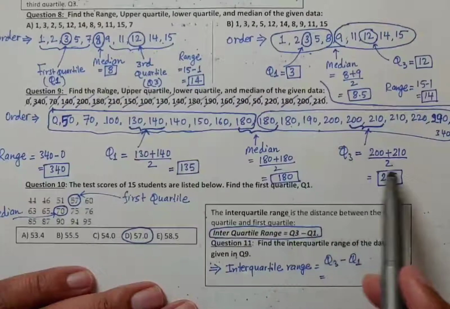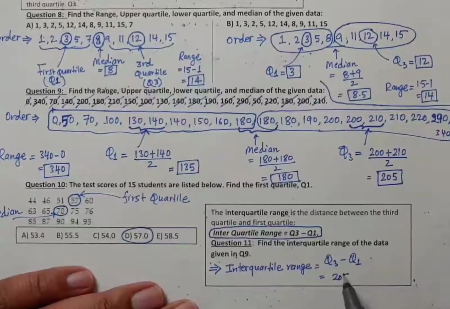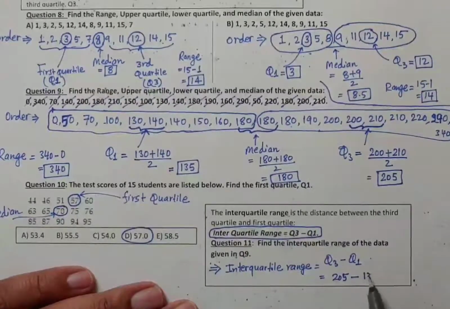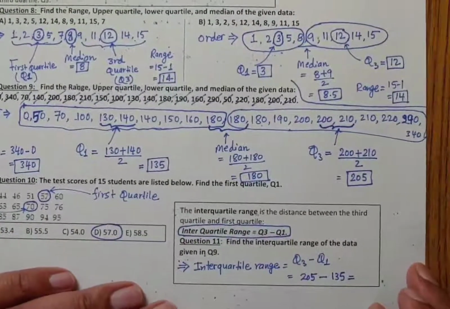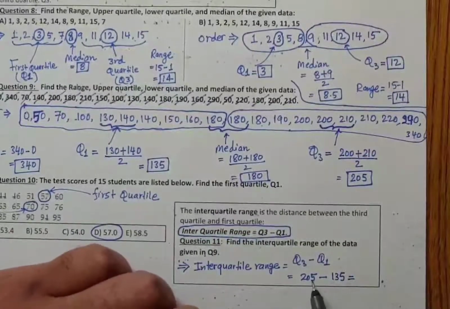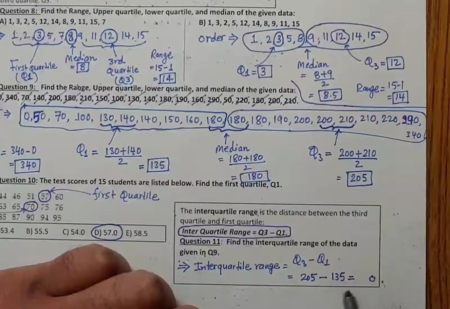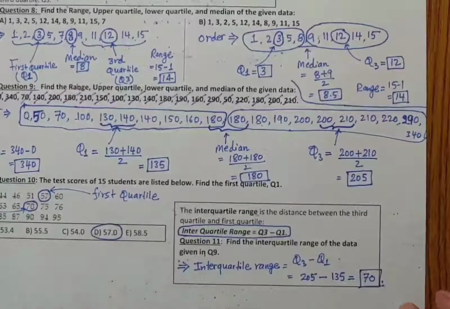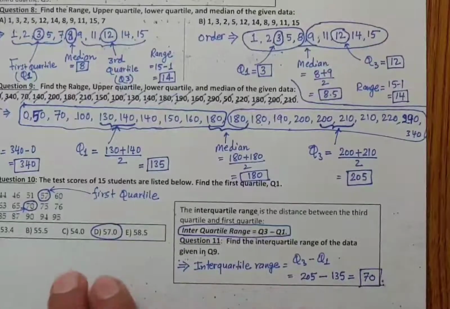So we got Q3, 205, minus Q1, 135. So what is that answer? 5 minus 5 is 0. 0, 10 minus 3... is 70. Right? So 70 is the interquartile range.